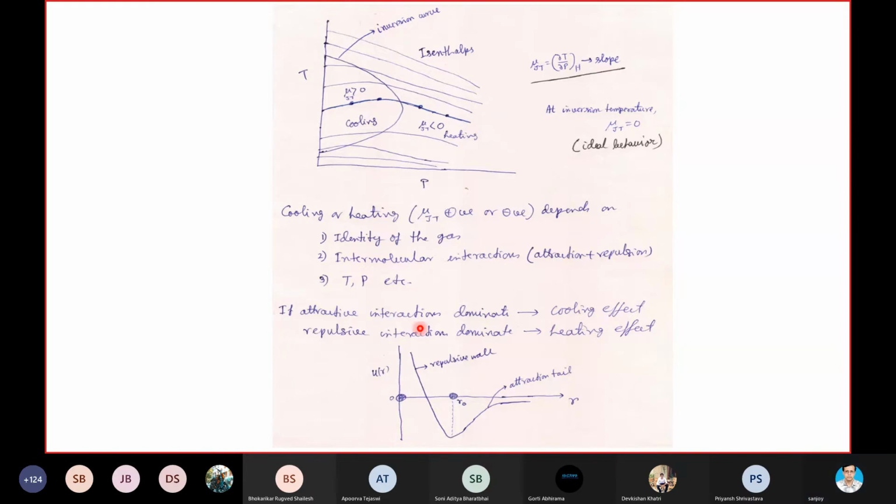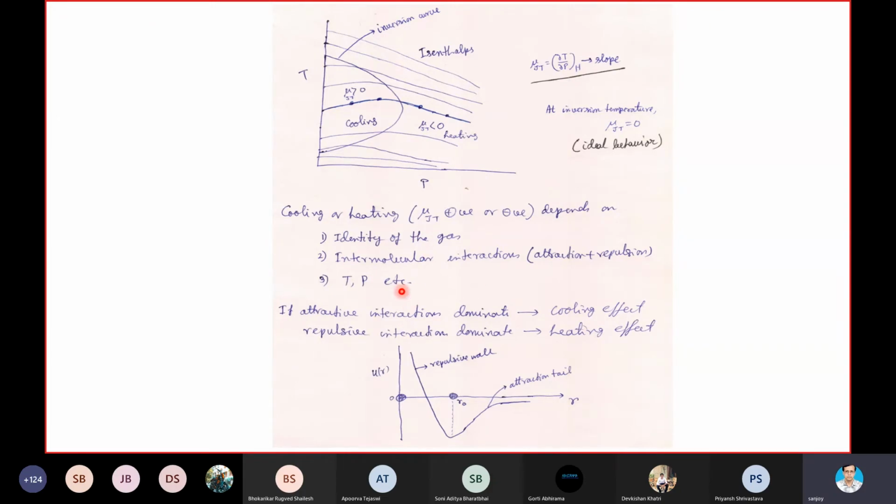Now, this cooling or heating effect that we talked about, what is the explanation? Why, at a given pressure, do you see a cooling effect at some point, and at a particular pressure and temperature, a heating effect? How to explain this? This will depend on several factors.